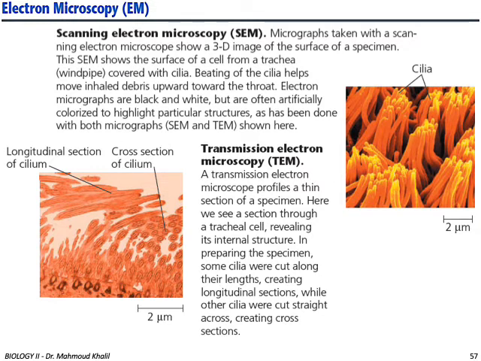So basically the difference between the two microscopes is that scanning reveals the outer structure of the specimen, while transmission reveals the internal structure of the specimen. But keep in mind that most of the time the photos are black and white, and software is used to colorize the photos.